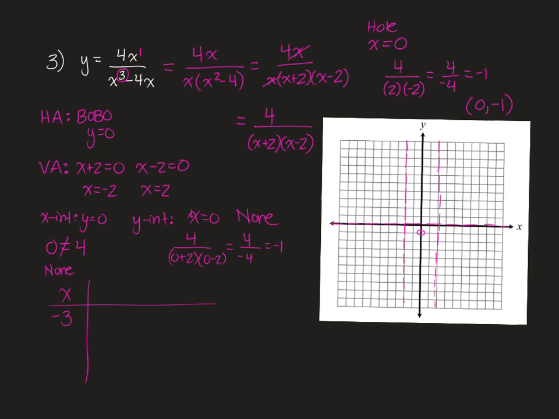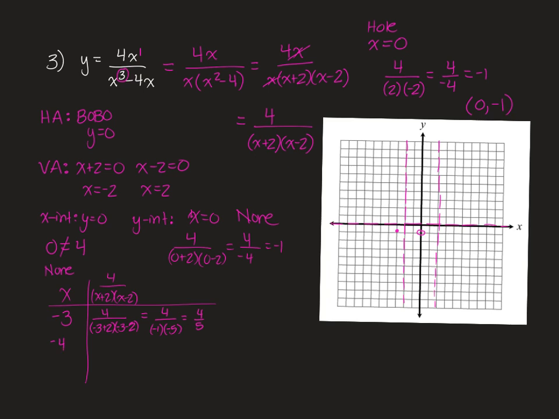If I plug in -3 into my simplified form here, I will get 4 over -3 plus 2 times -3 minus 2. So 4 over -3 plus 2 is -1. -3 minus 2 is -5. So I will get 4 over 5. Okay, so at -3 we are at 4/5, which is close to 1, just not quite there.